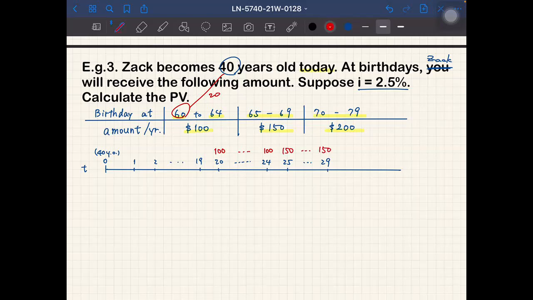Then time 30 to 39, he will receive $200. Now we want to calculate the present value of this annuity.